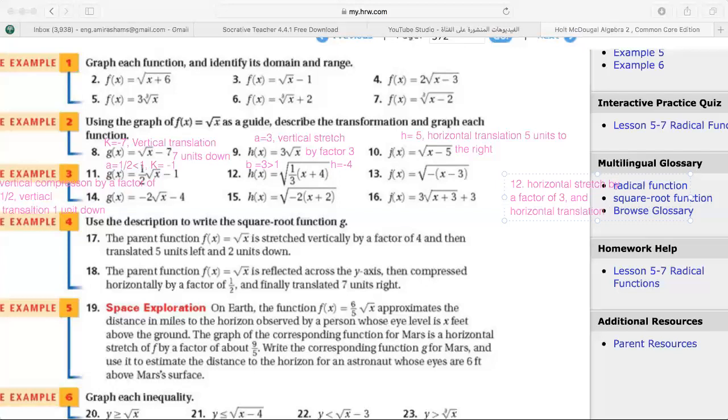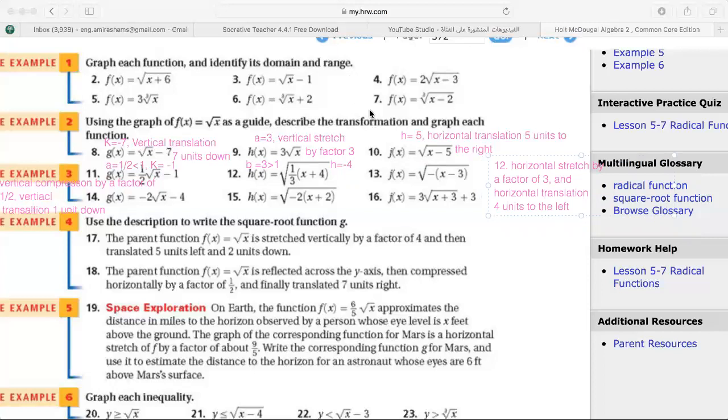H is negative, so it will be 4 units to the left. When h is negative, it is to the left. This is the answer of 12.